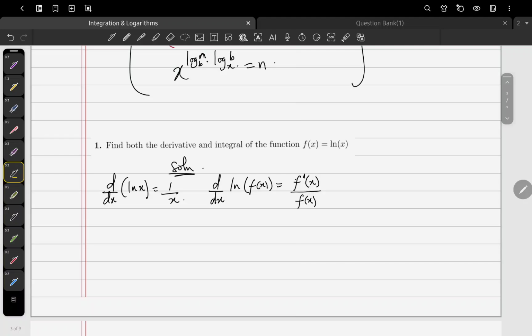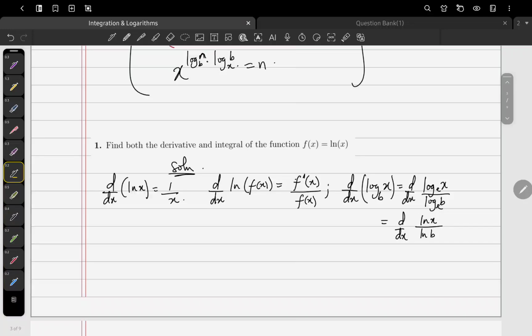That being said, if it were to be logarithm of x to any other base, so let's say base b, how do we do this? First and foremost, we change this to logarithm of x to base e over logarithm of b to base e. In other words, this is the same thing as the derivative of natural log of x over natural log of b.